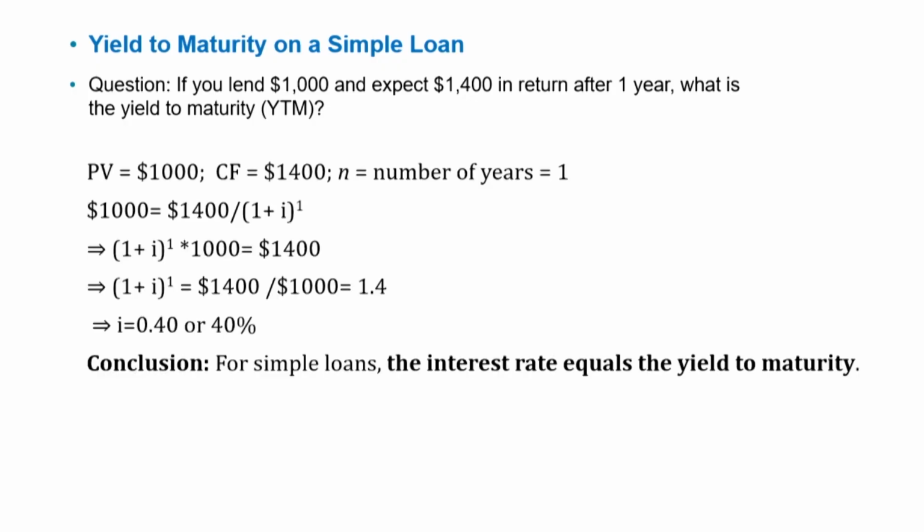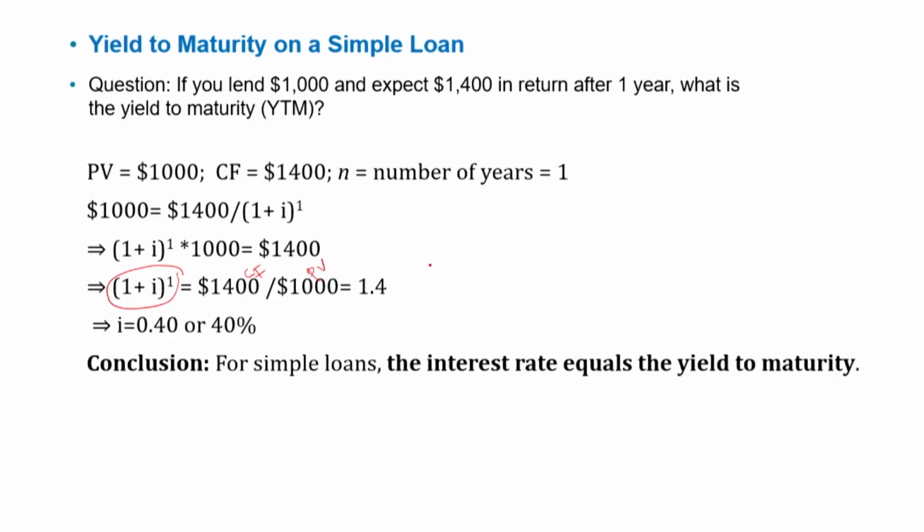Here the present value is equal to 1,000, the cash flow is going to be 1,400, and the number of years is equal to 1. If you plug in these values, you get (1 plus i) raised to 1 equal to CF divided by PV.